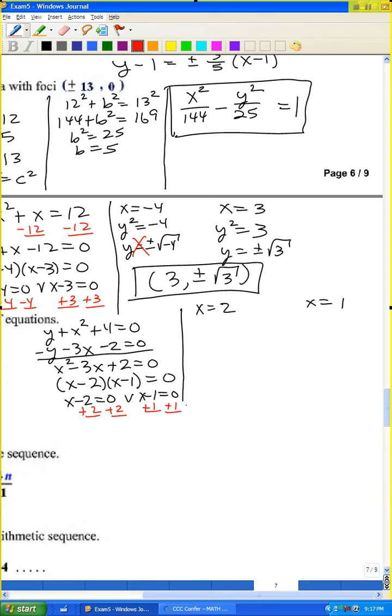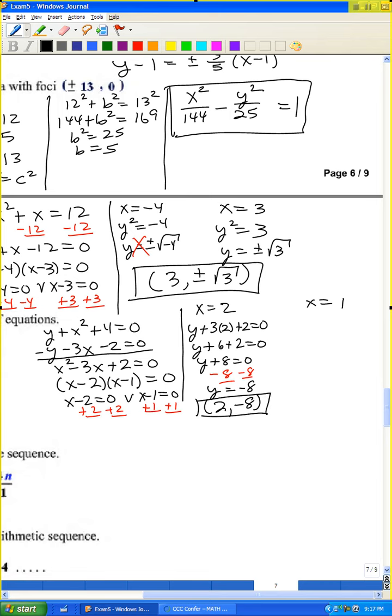And so let's figure out what y is equal to. So I have that y plus 3x plus 2 is 0. So y plus 6 plus 2 is 0. y plus 8 is 0. Subtract 8 from both sides. So y is equal to negative 8. So therefore, one point of intersection is 2, negative 8.